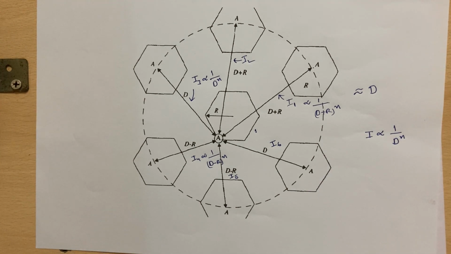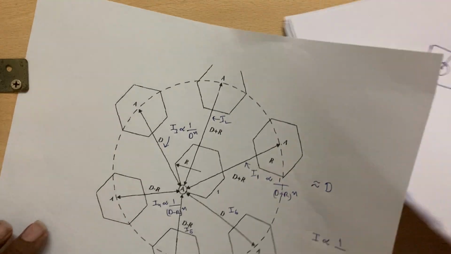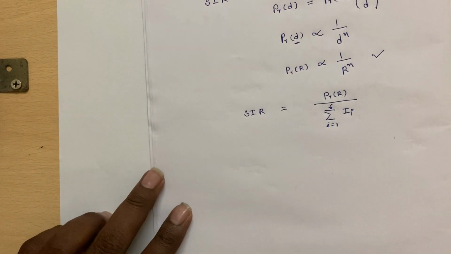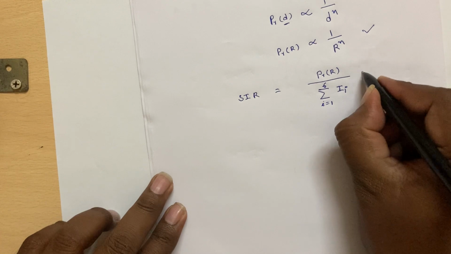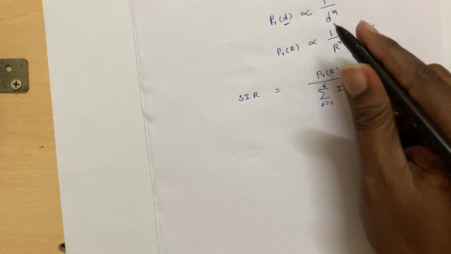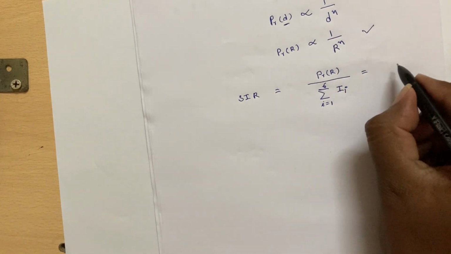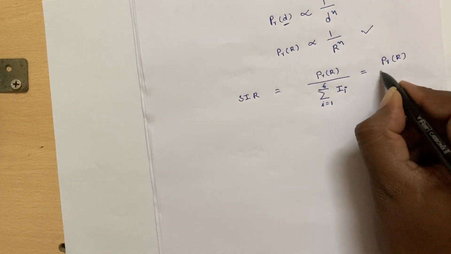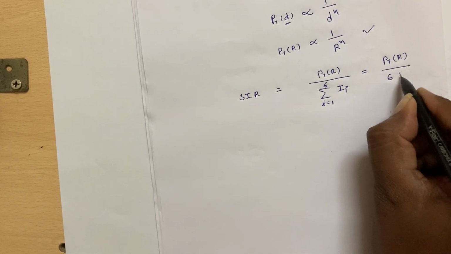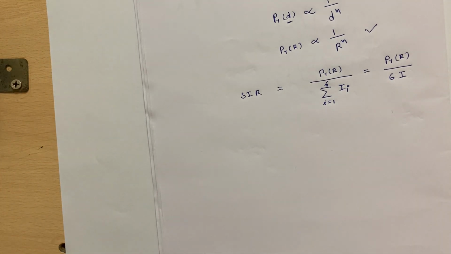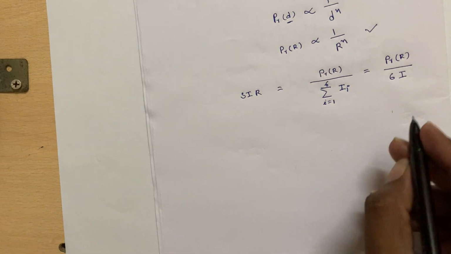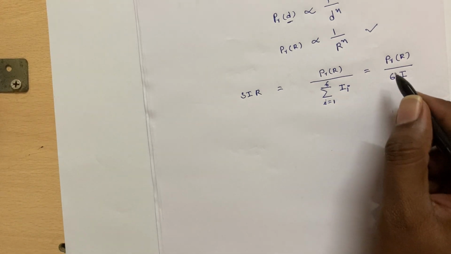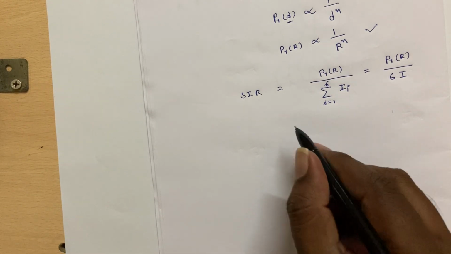So the total interference will be like this: P_R(R) divided by 6 into I, because there are 6 co-channel cells and the assumption is that all of them are at a similar or the same level. So there is an approximation here; approximate analysis means this.